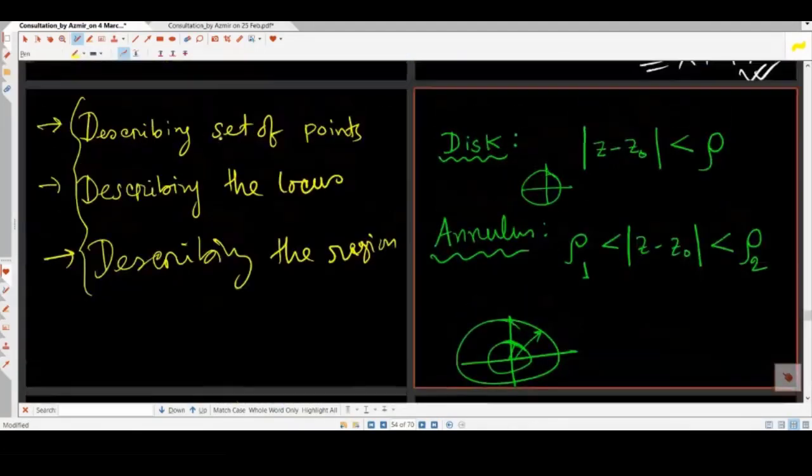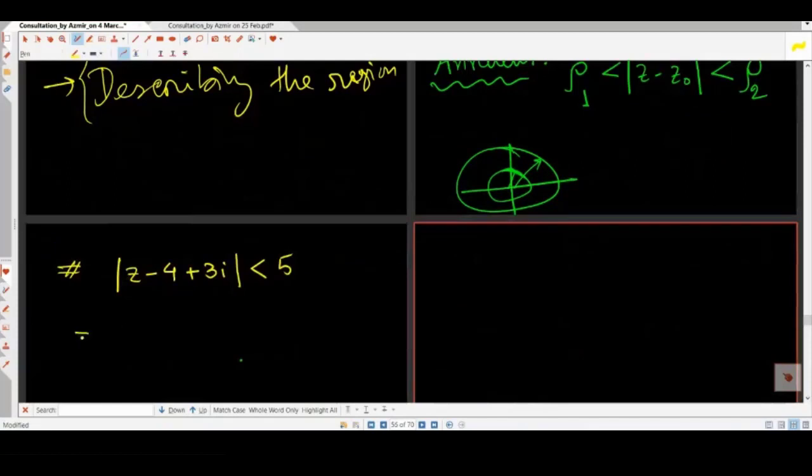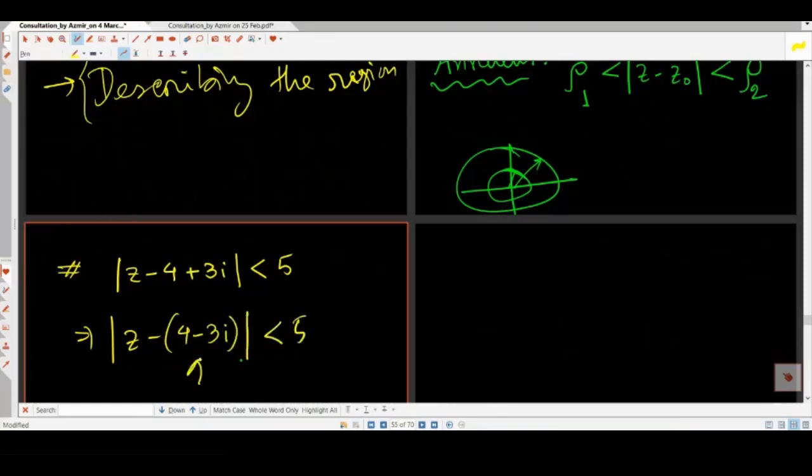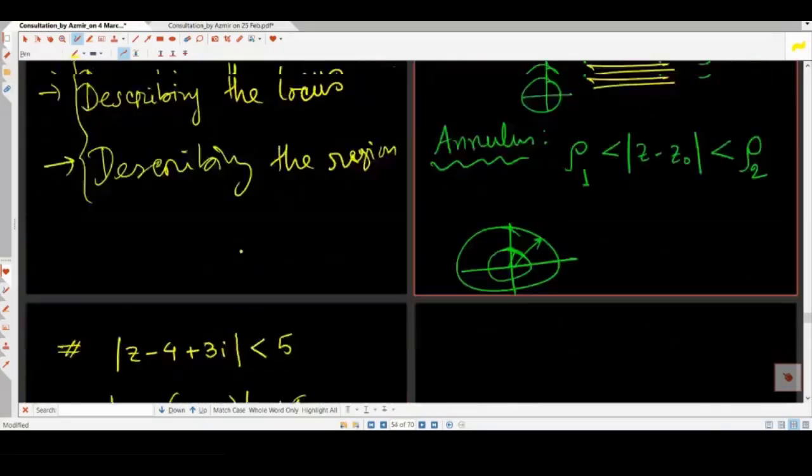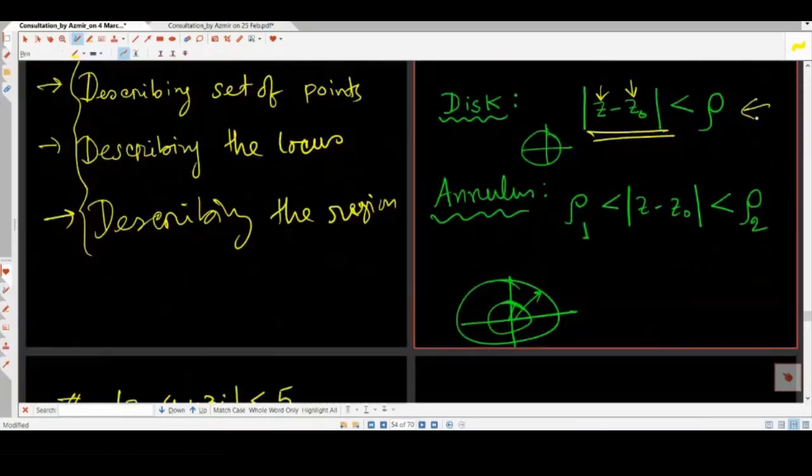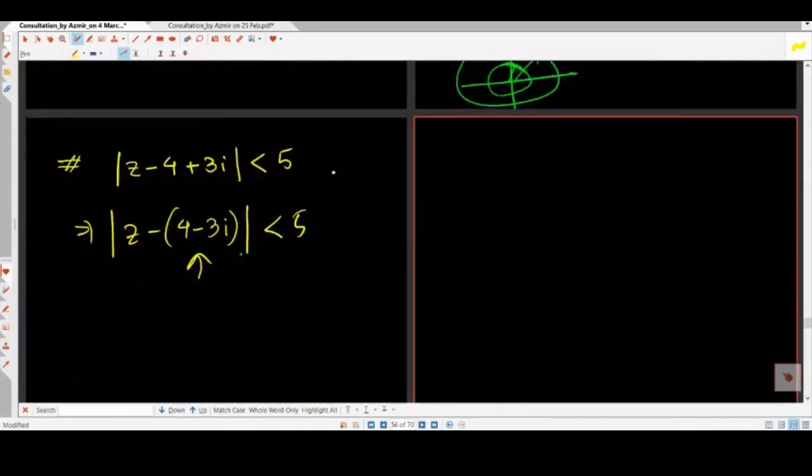You can think of this as modulus of z minus z naught, where z naught is 4 minus 3i. So this goes with this concept, and it will finally give us a disk.